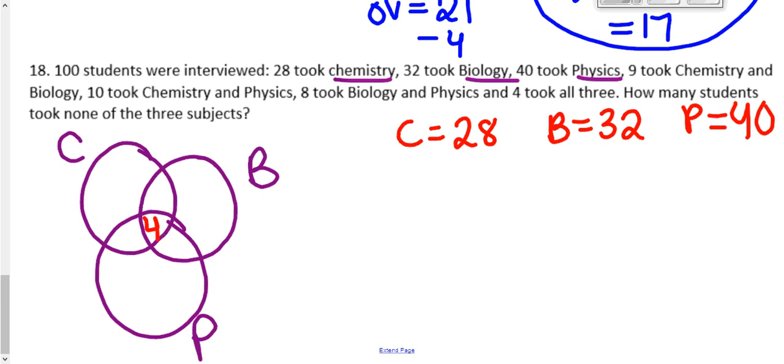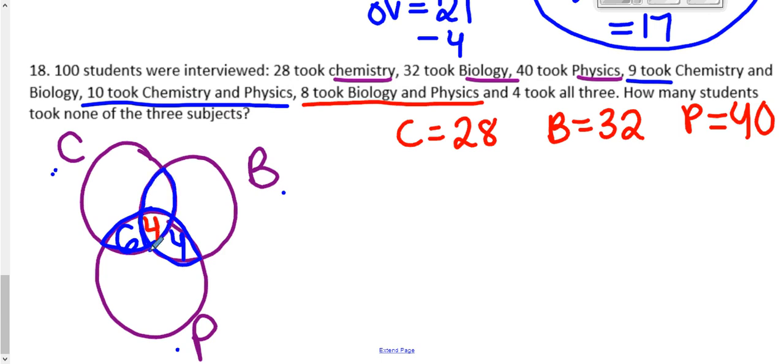So 8 took biology and physics, so biology and physics is here. 8 total in that football, so 8 minus 4 is 4. 10 took chemistry and physics, so here's the overlap. 10, so that leaves 6 there. And 9 took chemistry and biology, so here's their overlap. We've already taken care of 4, which leaves 5 left because there's 9 total.